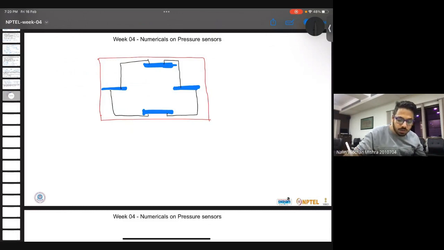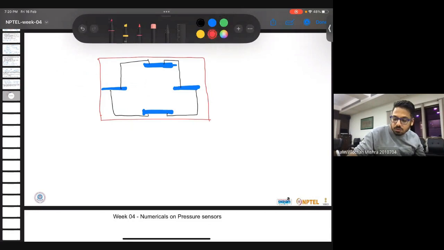Okay, now let me mark also, this is a membrane or diaphragm.